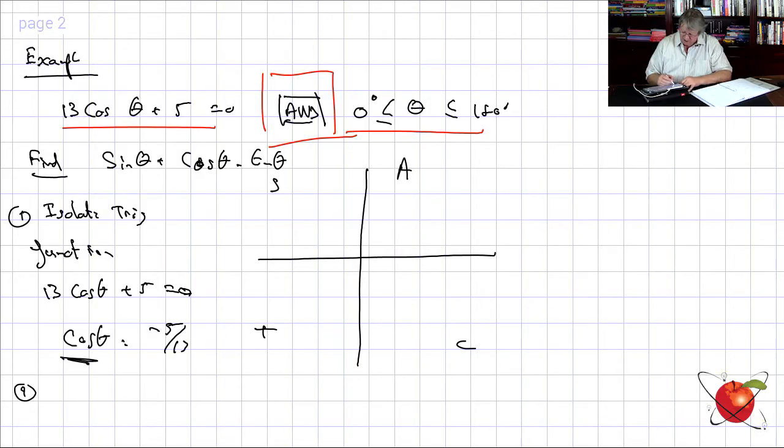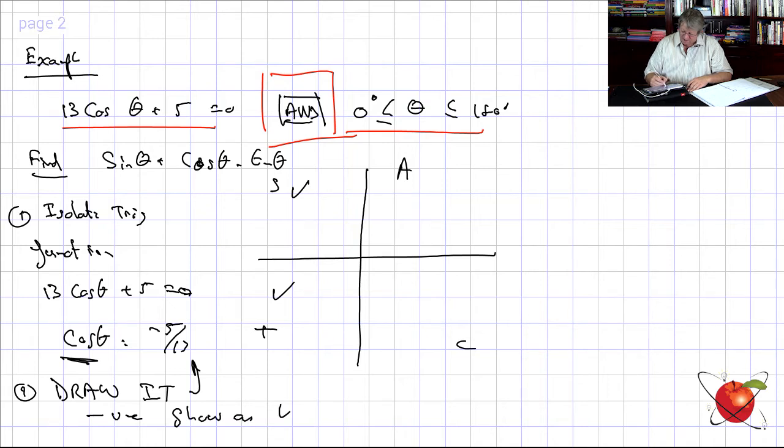Step 2 is draw it. So we've now got an expression that says cos is minus 5 over 13. Okay? So cos is negative. Where is cos negative? Well, cos is negative there, and put 2 ticks and show as ticks.